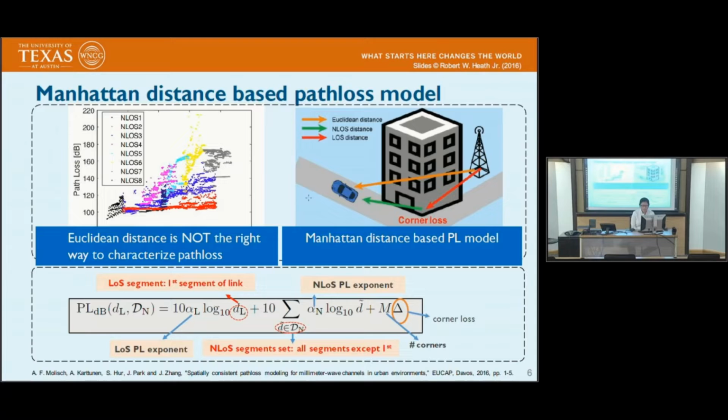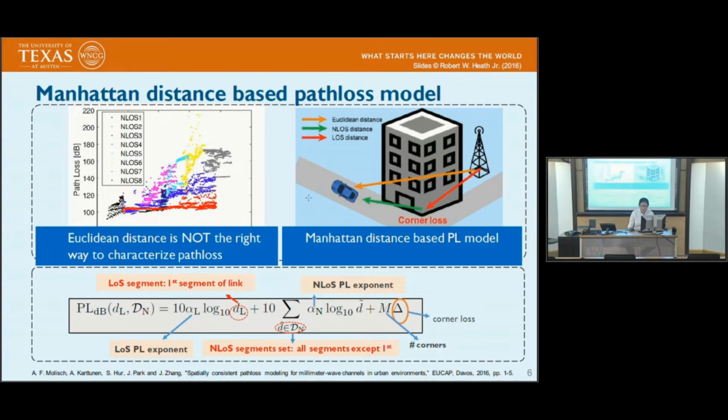So in this second figure, we can see an explanation of our pathloss model with Manhattan distance. In this case, we have a receiver located on one street and the base station located on a perpendicular street, and the direct link between them is blocked by an urban building. And the penetration effect through the building is very weak in millimeter wave.